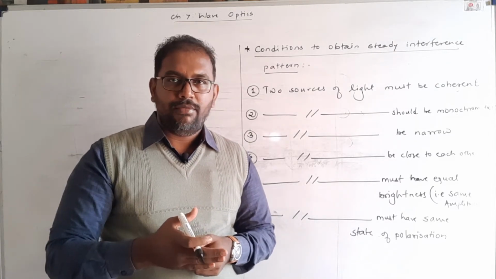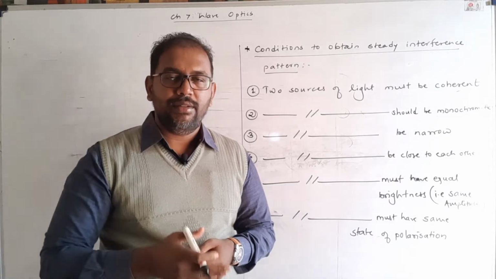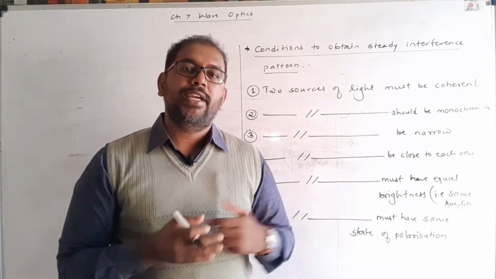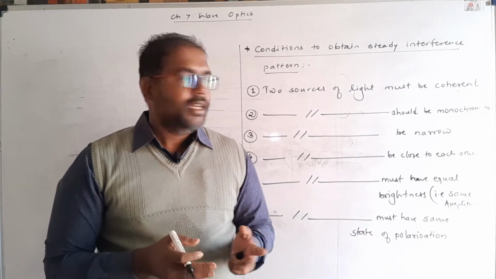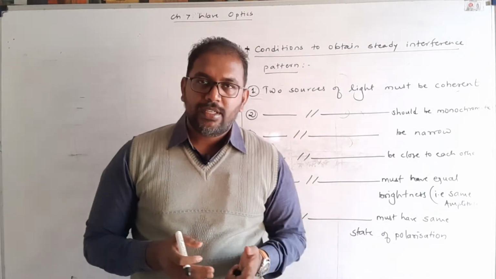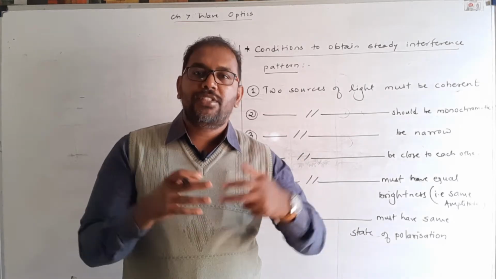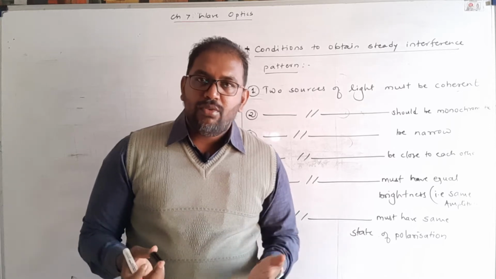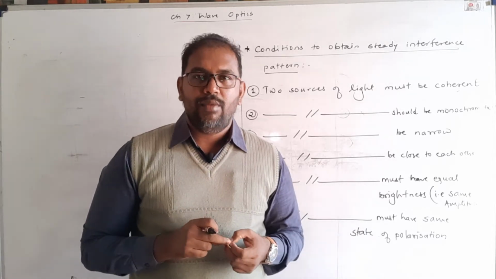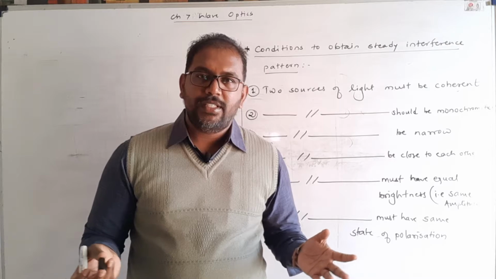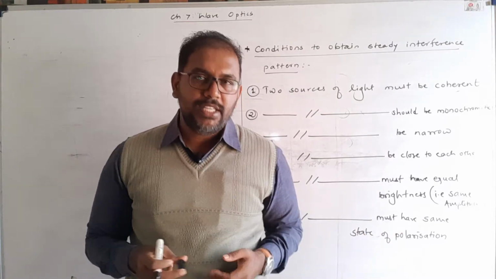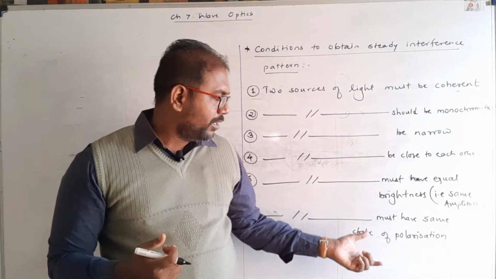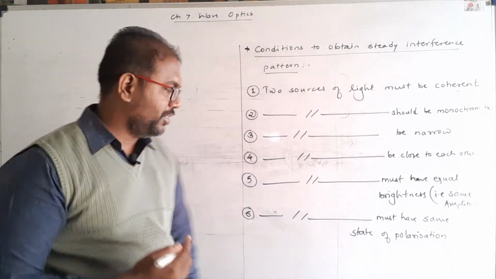So if the first light wave has its vibration in the vertical plane, the other wave also must have its vibration in the vertical plane only. Then only these displacements can be added, or their amplitudes can be added, and the resultant amplitude is A1 plus A2 when they come in the same phase, and when they come in opposite phase, the amplitude is subtracted, meaning A1 minus A2, as per the principle of superposition. So this is a very important condition: the same state of polarization.